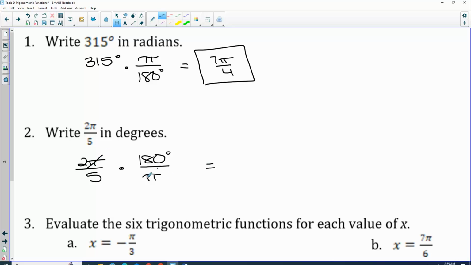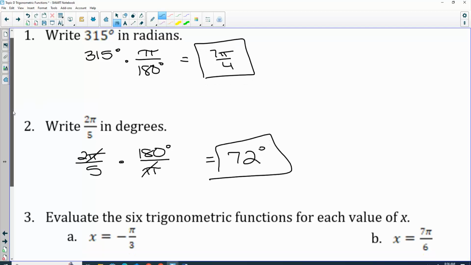So the pi's cancel, so 180 divided by 5, 36 times 2, so 72 degrees. Alright, so we can convert back and forth, either pi over 180 or 180 over pi, depending on what you need to cancel out. The next thing is just evaluating our trig functions.